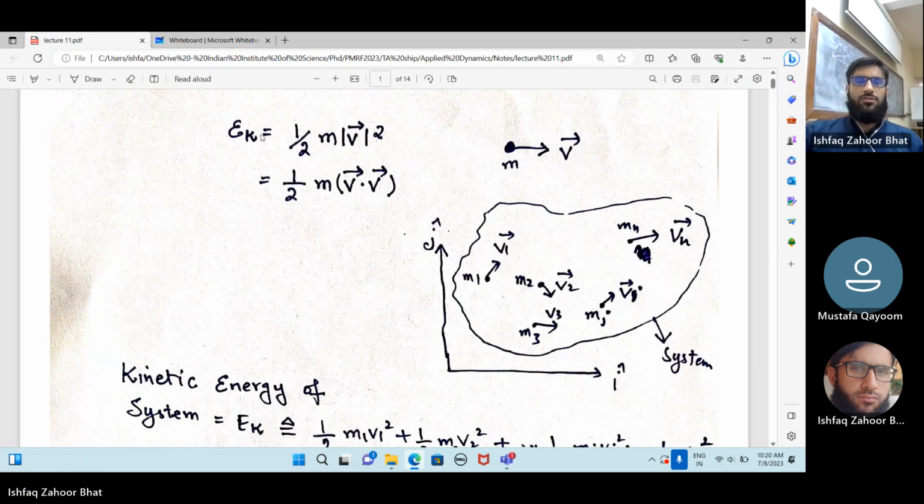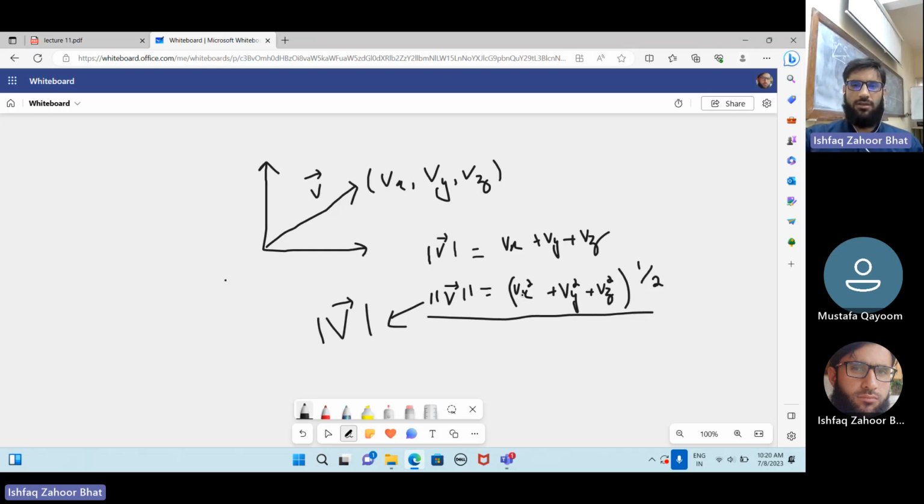Okay. So the kinetic energy is nothing but half m times the second norm of velocity squared. We can write this second norm squared as v dot v. If you see, the second norm squared is nothing but vx square plus vy square plus vz square.